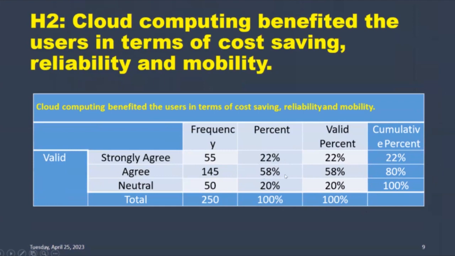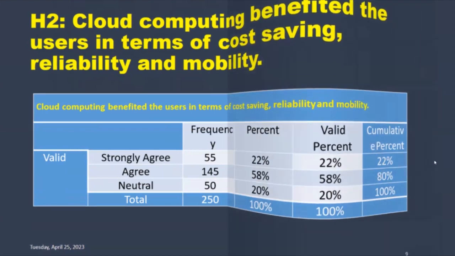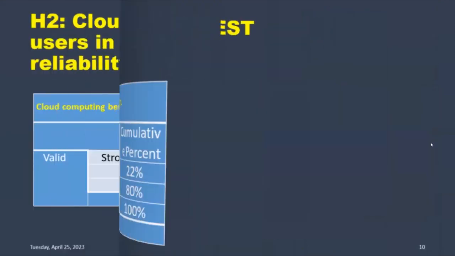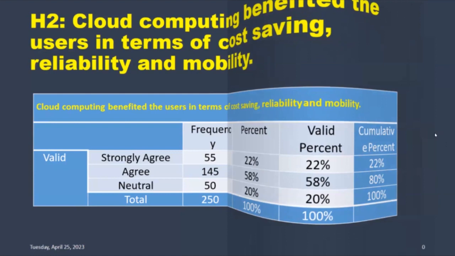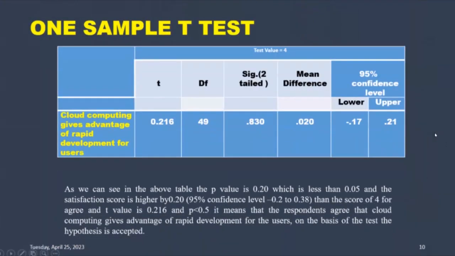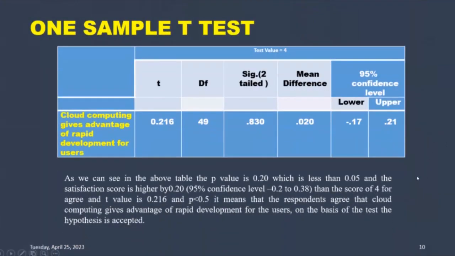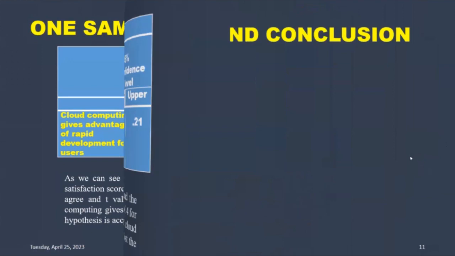So if I accumulate it, more than 70% of respondents said that because of cloud computing, users also benefited in terms of cost saving, reliability, and mobility. A one sample test was used for the same, and the p-value which I found was less than 0.05. So this hypothesis also has been approved.